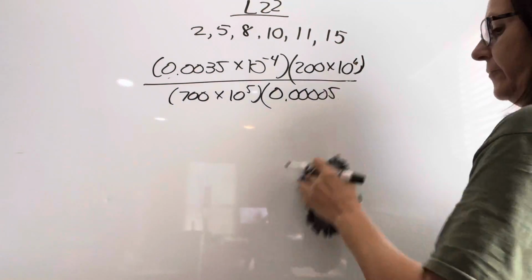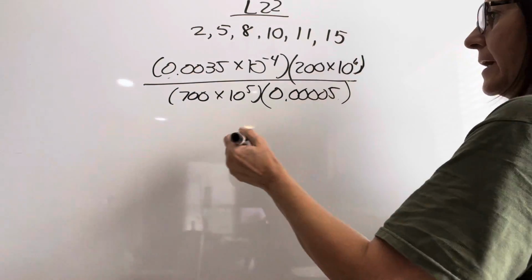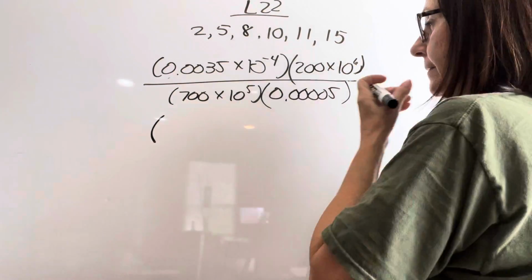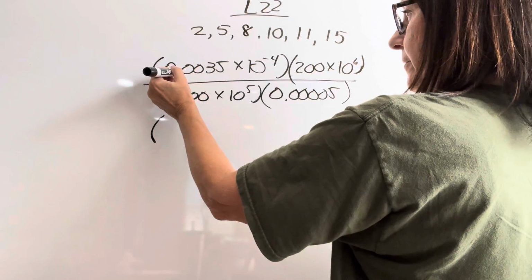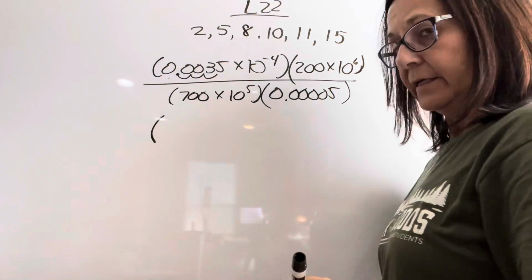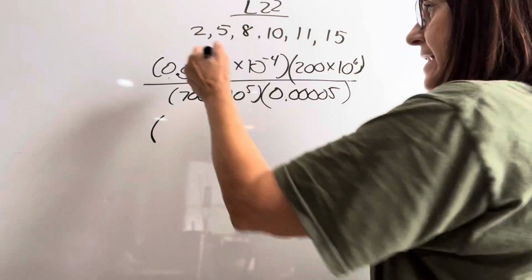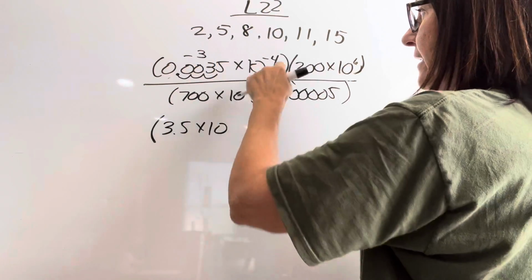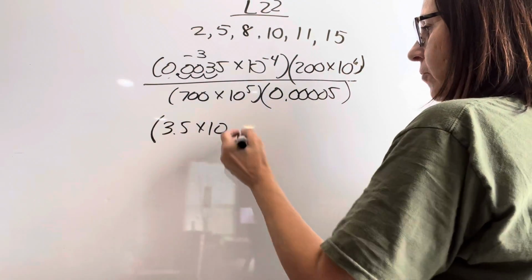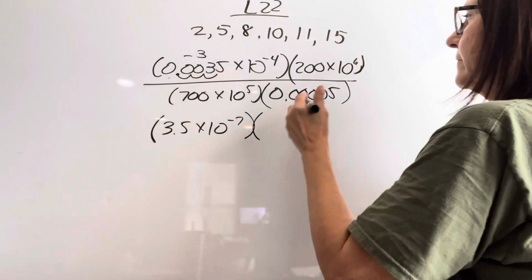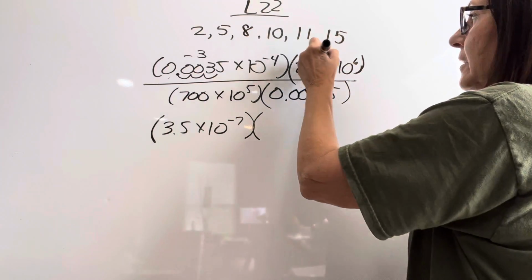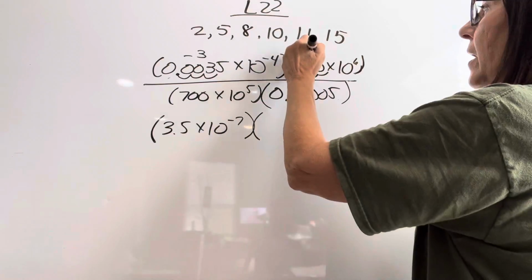All right, so we're going to first put them in proper scientific notation. All right, so we move 1, 2, 3 to the right, which is negative. So it's going to be 3.5 times 10 to the negative 3, and negative 4 is negative 7. It's going to be 2. I move 2 to the left, which is positive.